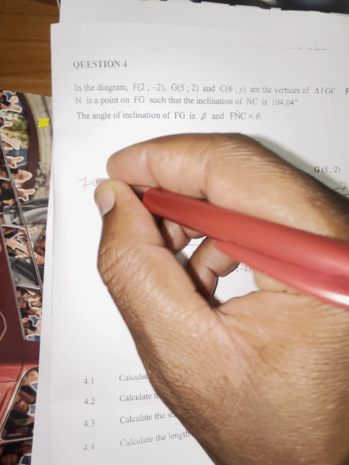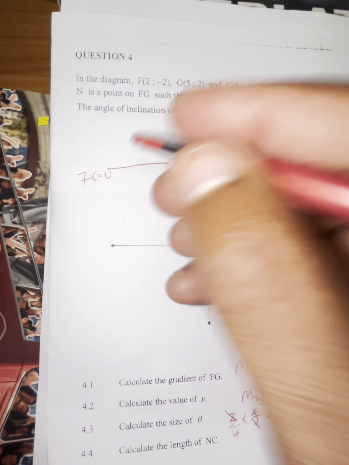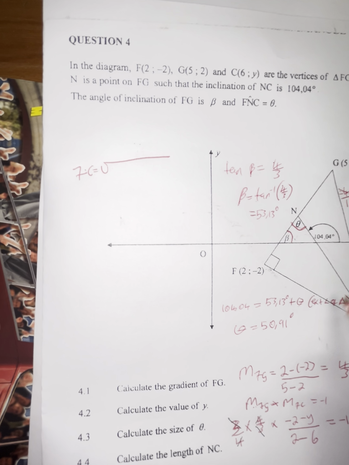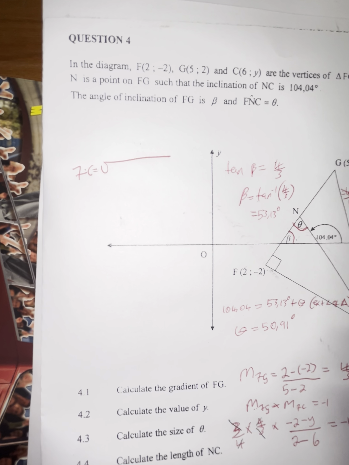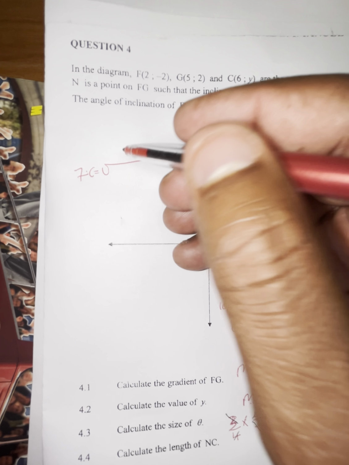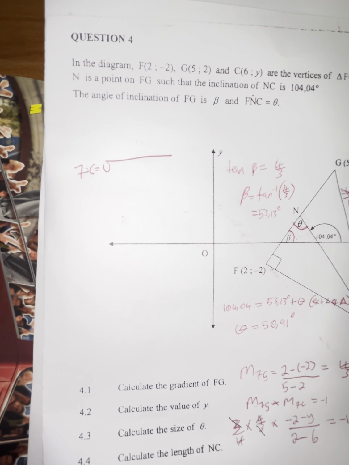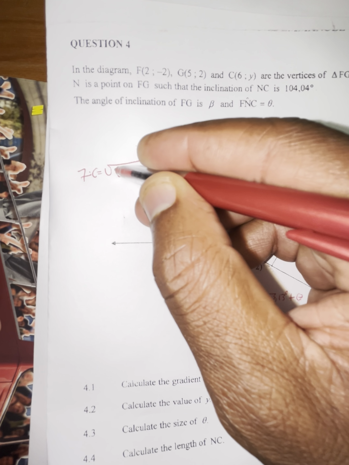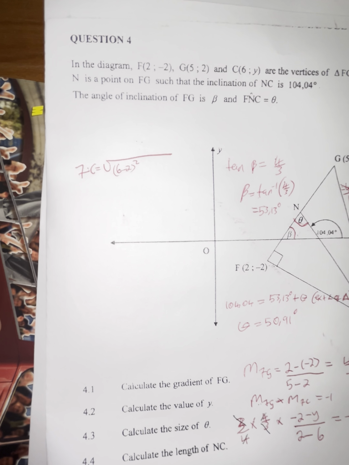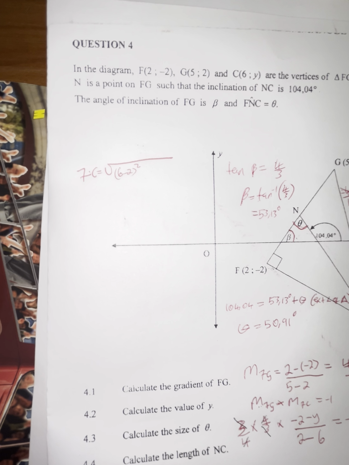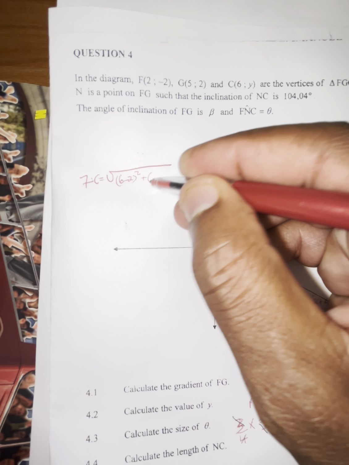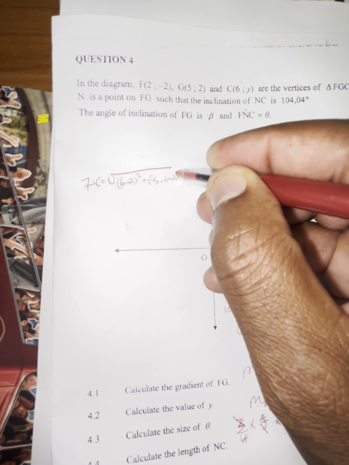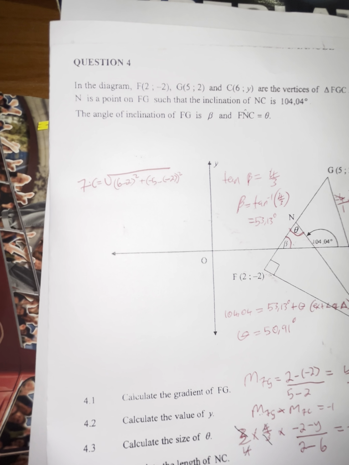The length of FC equals the square root. I'm not going to write the formula, you know the formula. So it's 6 minus 2 squared, plus, for the value of y, minus 5 minus 2 squared.